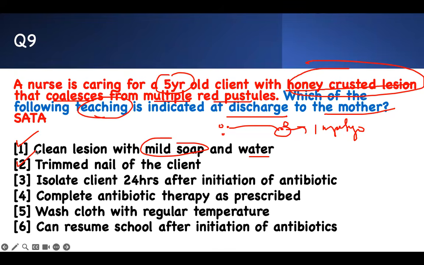Therefore, trim the nails. Isolate them after initiating antibiotic. Usually they get a penicillin derivative antibiotic. They need to be away for 48 hours. They are not contagious after 48 hours of initiating antibiotic. Keyword: 48 hours. 24 hours is not enough.